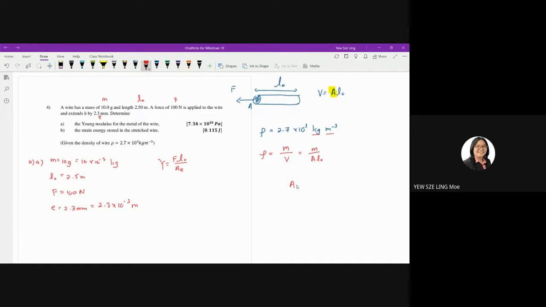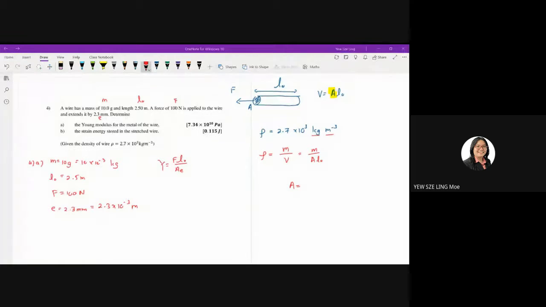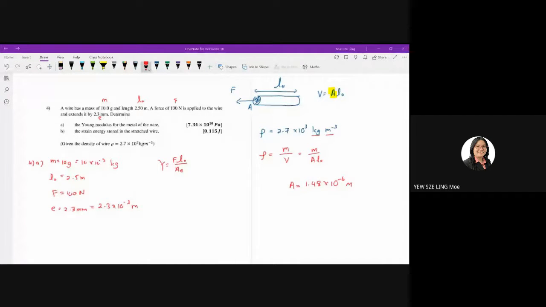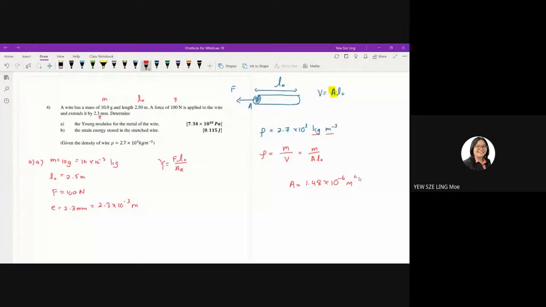Therefore, A equals... if you rearrange the equation and plug in everything, you obtain 1.48 times 10 to the power of negative 6 meters squared. So this is how you calculate the area by using density.